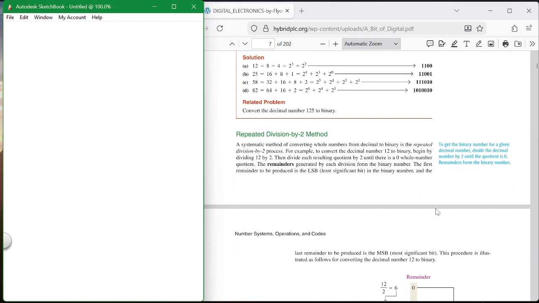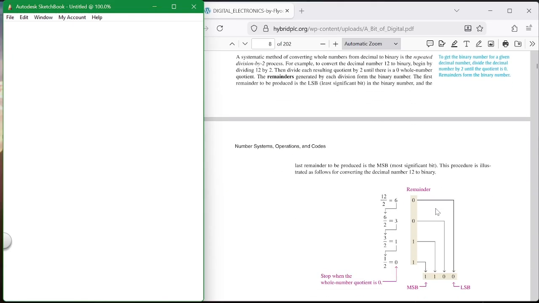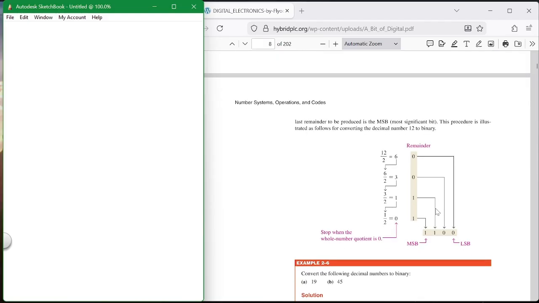There is another method called repeating division by 2 that is pretty neat, and it will do the job for you very well. You take the number and divide by the base that you're converting to. So this would be a decimal number, divide by the base, and your answer would be 6, and put the remainder out here.